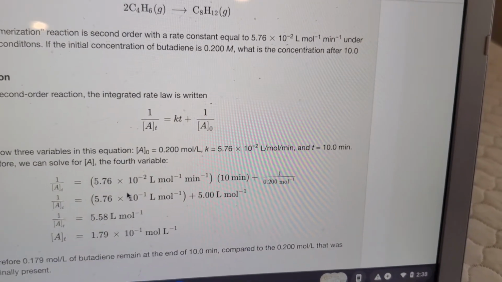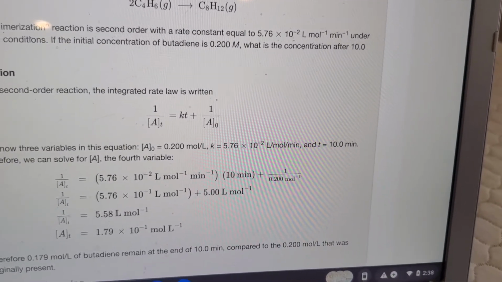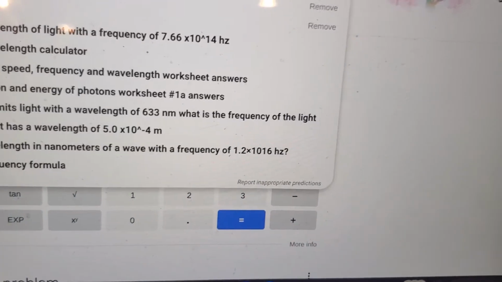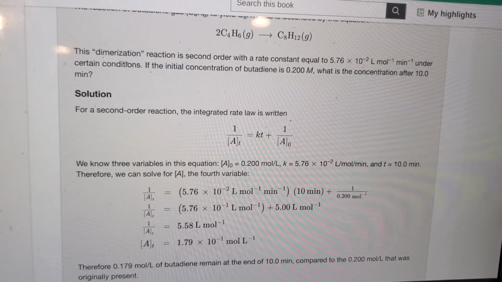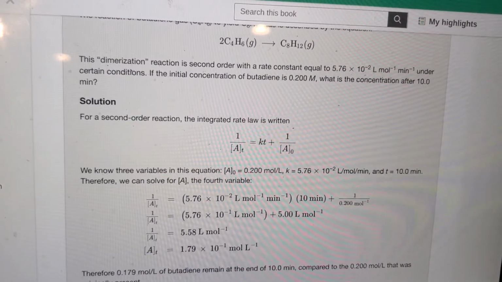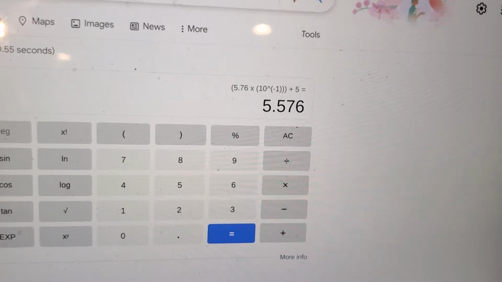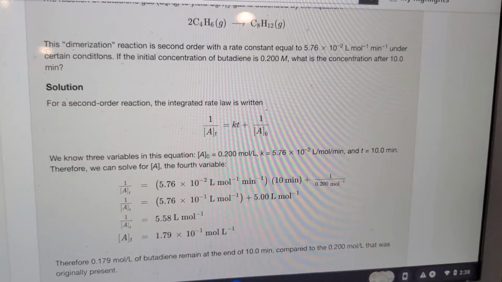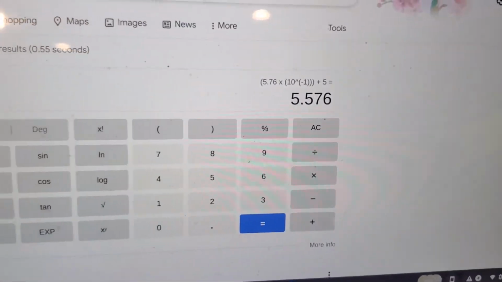So for this one, it's pretty easy because 5.76 times 10 to the negative second power times 10. So that's times 10, okay? Guys, times 10. Now, plus 1.